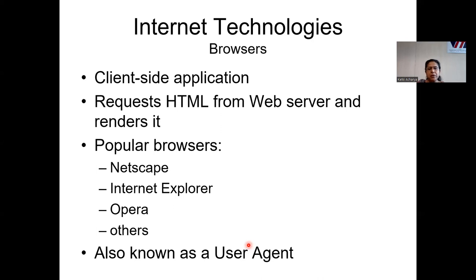Basically we make a request, it hits the server, locates that data, loads it into memory, converts it into HTML and renders the page. Some browsers are Netscape, Internet Explorer, Opera, Google Chrome. These are the browsers through which we can read the data. So the browser is like a client.